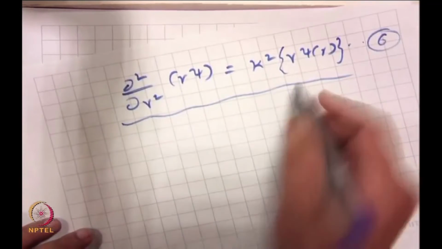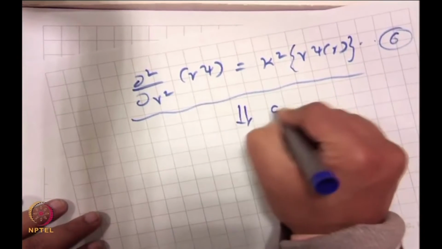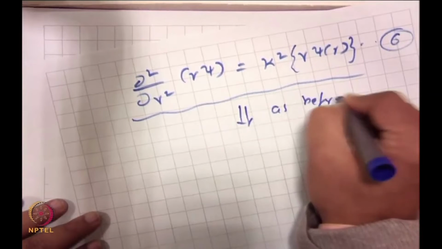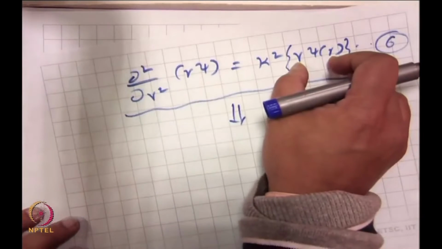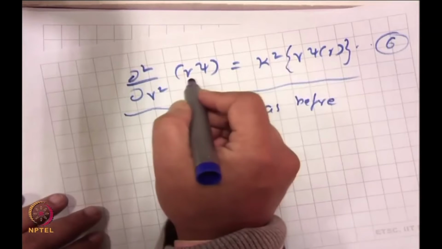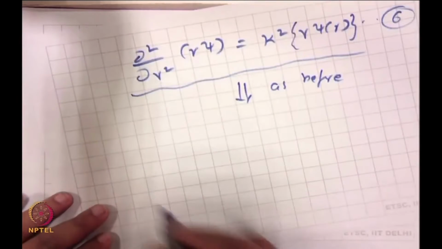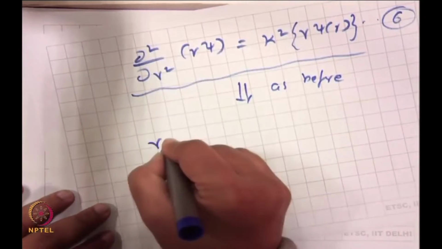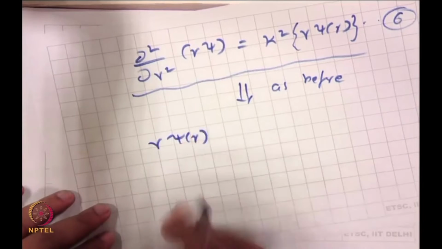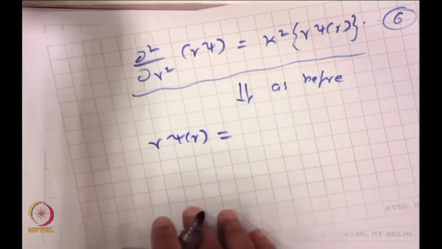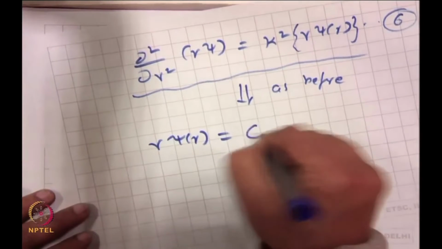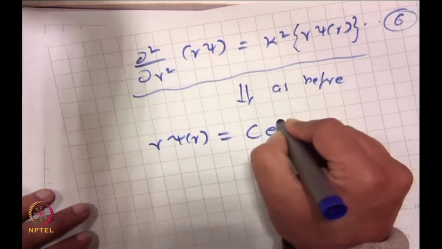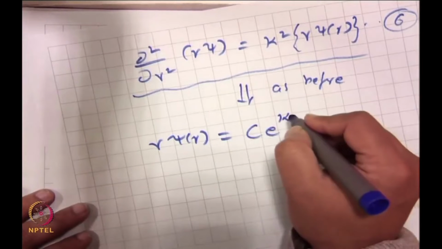So, if this is the case, then as before, if this is your certain function what you are solving for, you are essentially solving for psi of r, remember, then what should it be? I can write r psi of r is equal to what? The same thing, right. I can write here, say, C e to the power kappa, right.